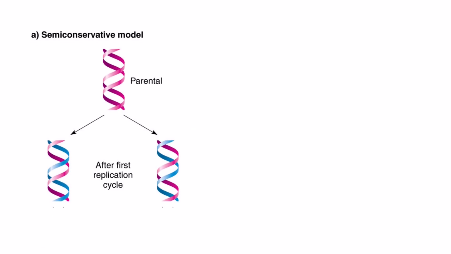So as per the experiment, if DNA replication is semi-conservative in nature, then the parental DNA here, the parental duplex, is all heavily labeled DNA, and hence after density gradient centrifugation, it should give us one single band here coinciding with the heavy DNA. After 20 minutes, that is after the first cycle of replication, the two daughter duplexes here are such that both of them contain one parental strand and the other newly synthesized strand.